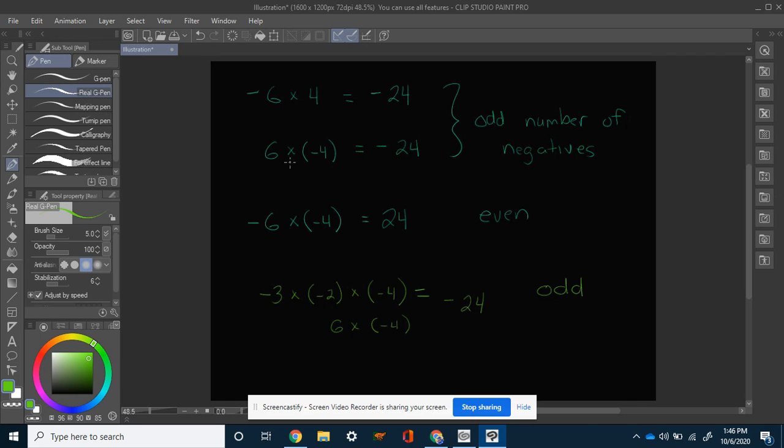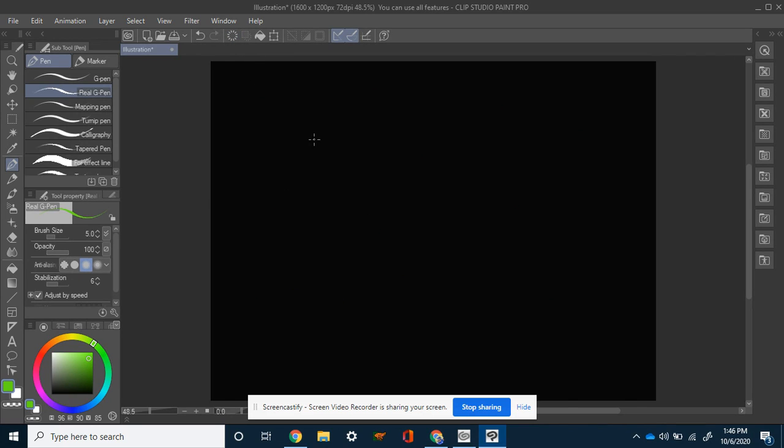The beauty of this is the rule stays the same whether it's multiplication or division. If we had negative 24 and we divide that by positive 3, there's a negative, but nothing turns it back to a positive, so we're left with negative 8.